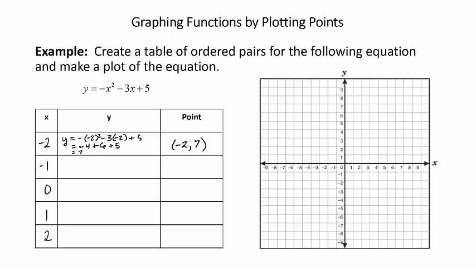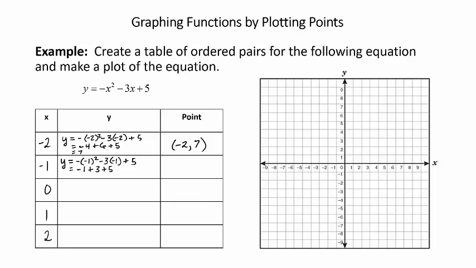Okay, so when x is -1, what do we have? Negative times -1 squared minus 3 times -1 plus 5, right? I'm just sticking in the -1 everywhere I see an x in the equation. Okay, so -1 squared is 1, but we have a negative out front. So -1, -3 times -1 is +3 plus 5.